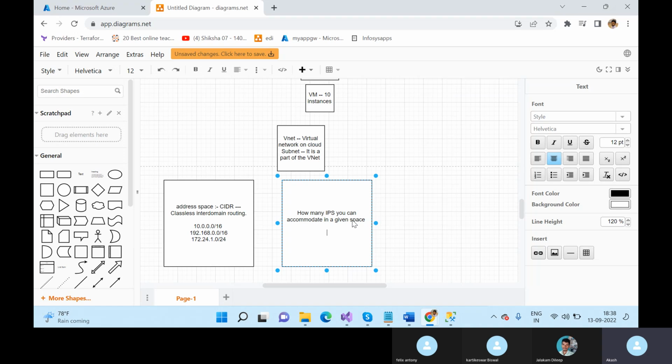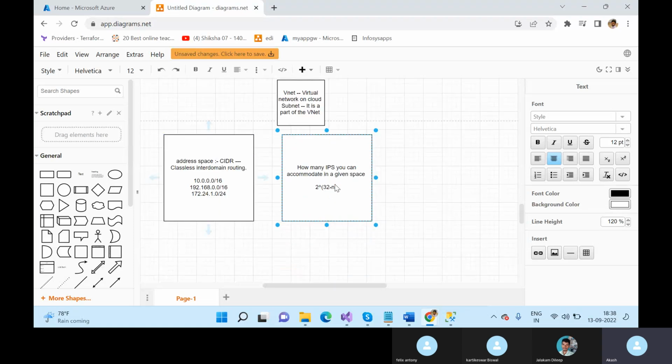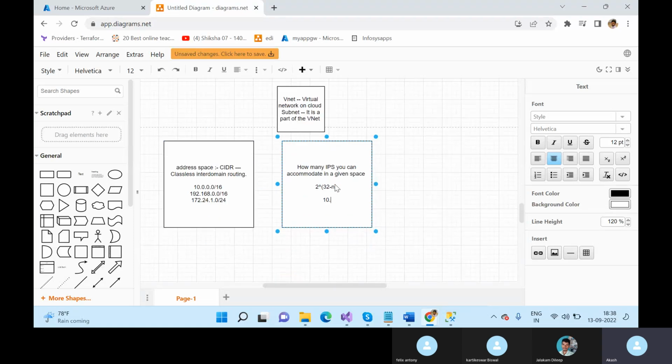The formula goes this way: it is 2 to the power of 32 minus n. This is the formula which you need to apply in order to determine how many IPs I can accommodate. What does this n mean? Let me take an example.